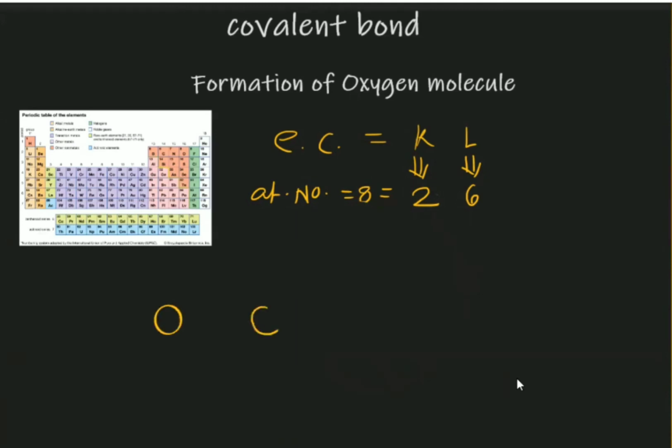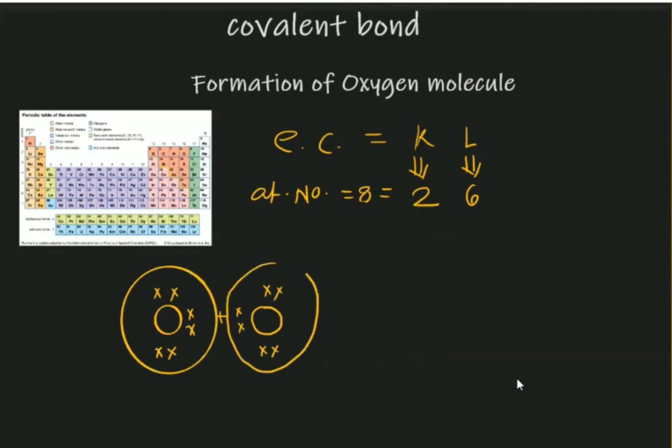So these 2 oxygens are with 6 electrons each: 1, 2, 3, 4, 5, 6 plus 1, 2, 3, 4, 5, 6. Each oxygen is having 6 electrons in its shell.